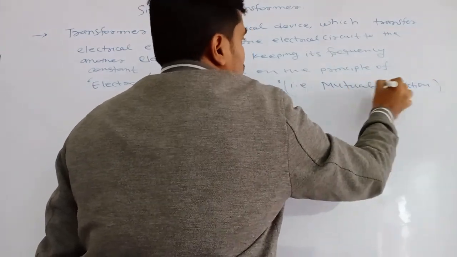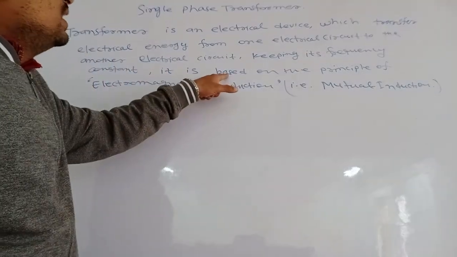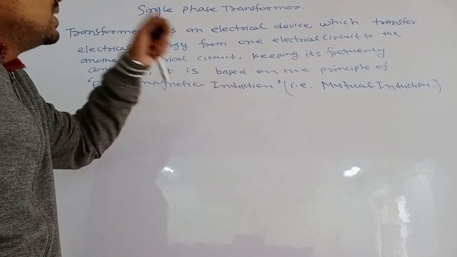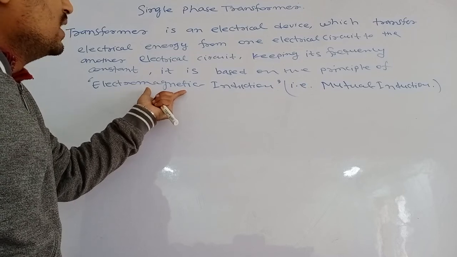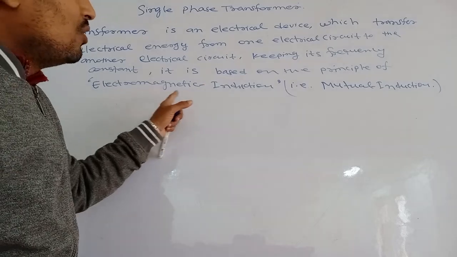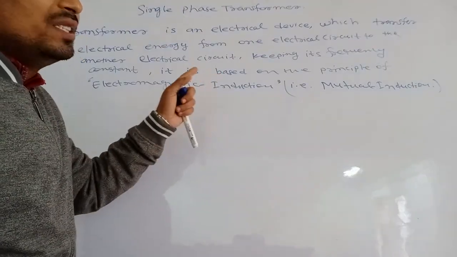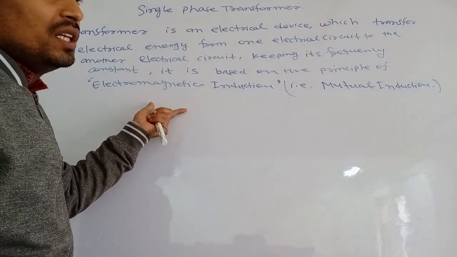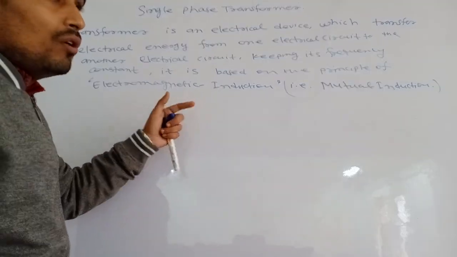The main thing is that the working principle of the transformer is mutual inductance or electromagnetic induction, where the electrical connection is only given to the primary winding and the secondary winding is induced. It means whenever one electrical circuit is energized from AC supply, the secondary winding is also energized.